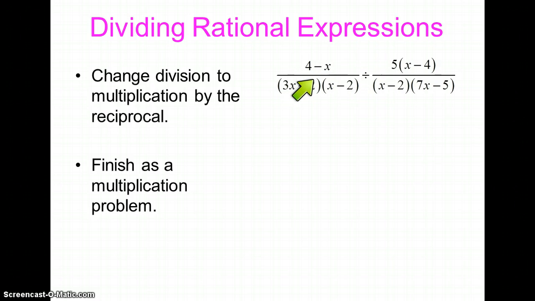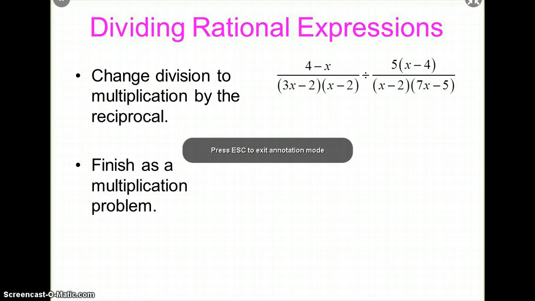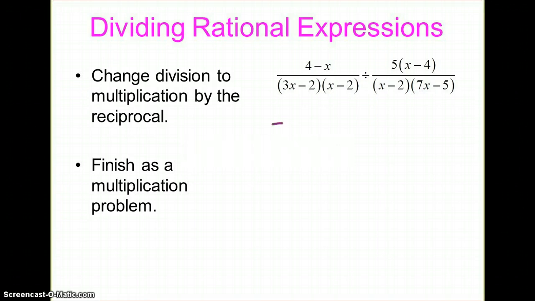If it was addition, it wouldn't matter: x minus 4 and 4 minus x would be the same if you were doing addition. But for subtraction, they're a little bit different. So I can do a little bit of factoring and make that 4 minus x into x minus 4. If I simply take out a negative 1, the x and the 4 become their opposites, so I can switch it back around to x minus 4 instead of 4 minus x.